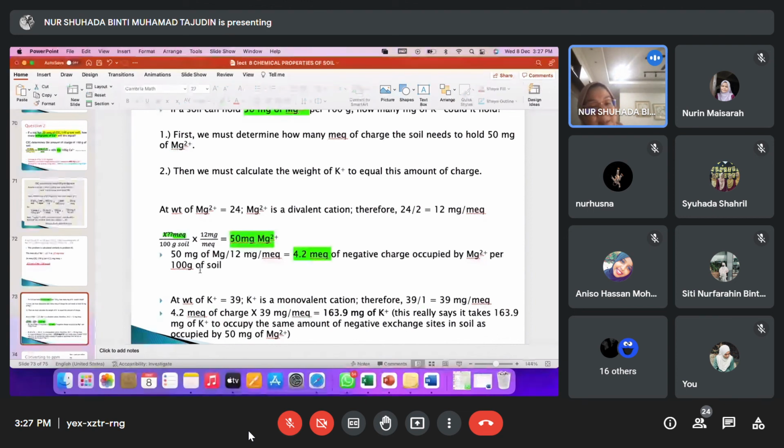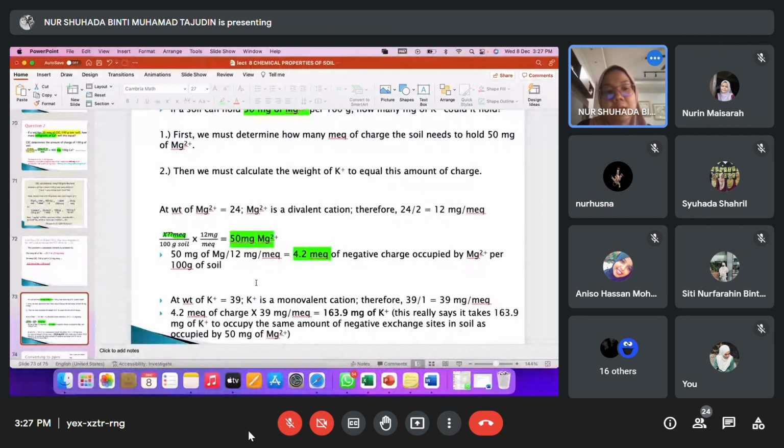So the same question. If the place is replaced by K, if the MEQ is displaced by K, it's the same calculation: 4.2 times 39, you get 163. That is back to the normal calculation.